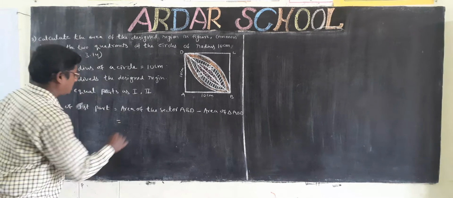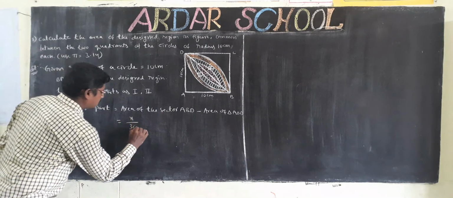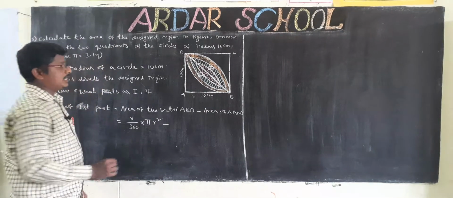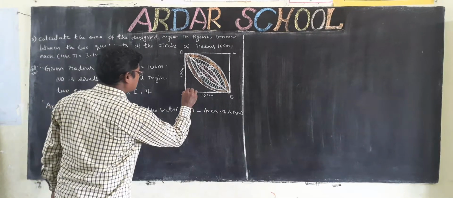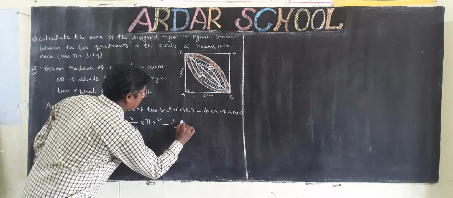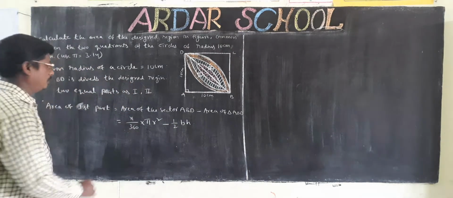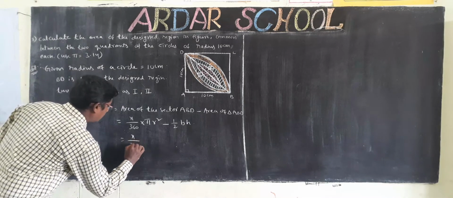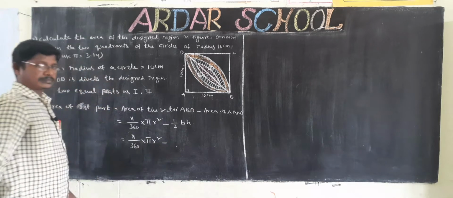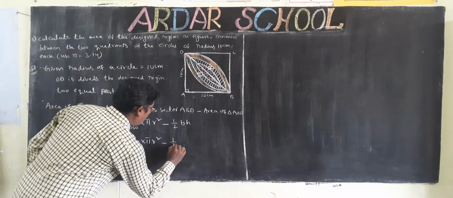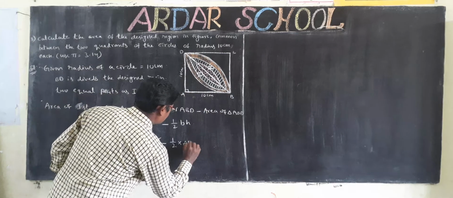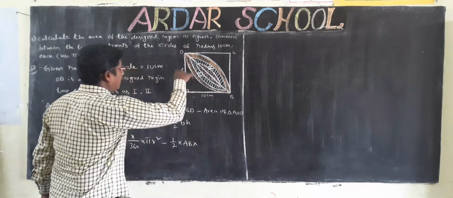So area of a sector is x by 360 degrees into pi r square, minus area of triangle ABD. This is 90 degrees, so this is a right angle triangle. That means x by 360 degrees into pi r square minus half of base into height. Base is AB, height is AD.